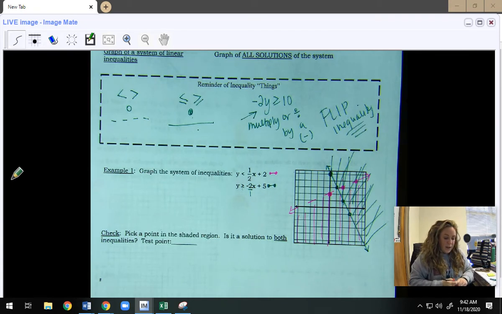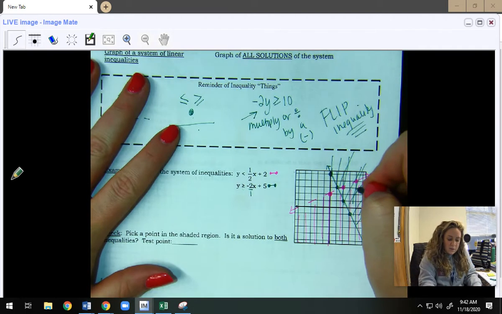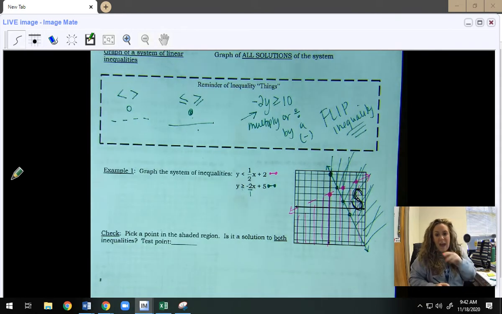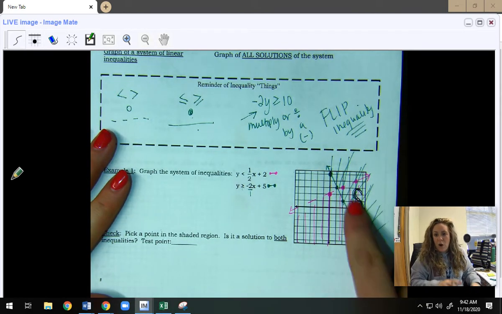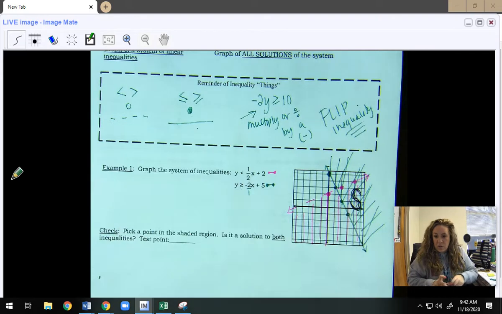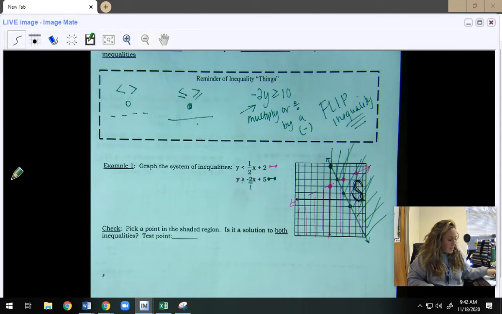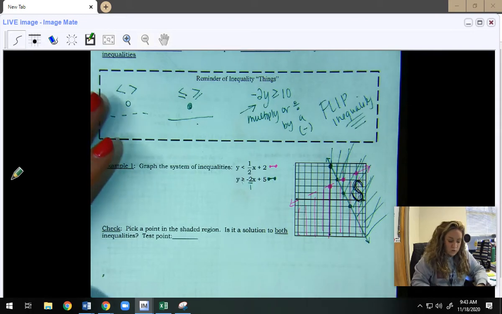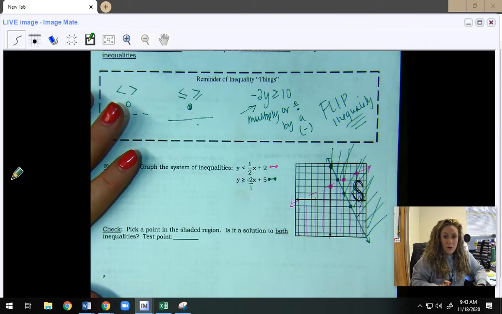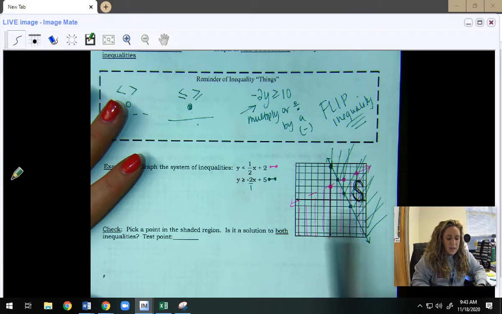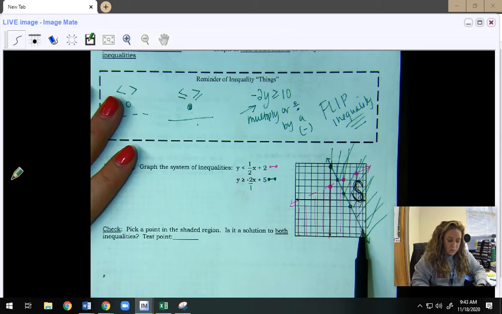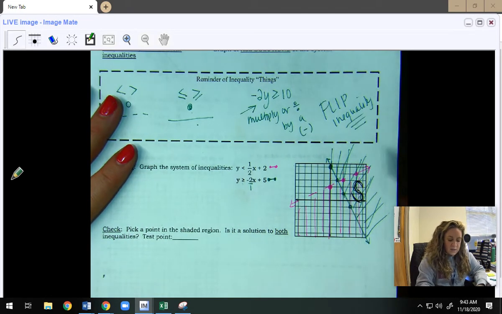All right, where is the solution set? Well, the solution set is where both of these cross. So we're going to put a big S, and where the double crosshatch happens is where your solution is. It says pick a test point in the shaded region and make sure that it's a solution. I'm going to remember from yesterday's video, choose something in the middle, not something close to this line or this line, somewhere right in the middle.